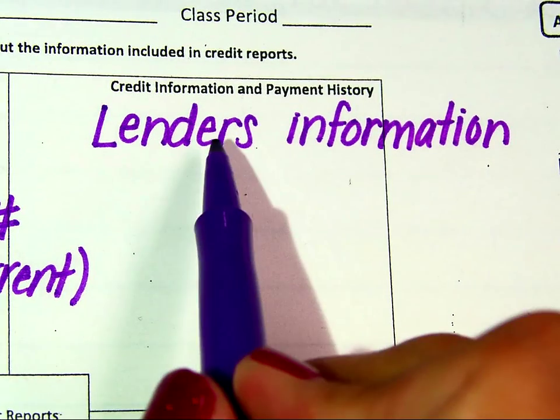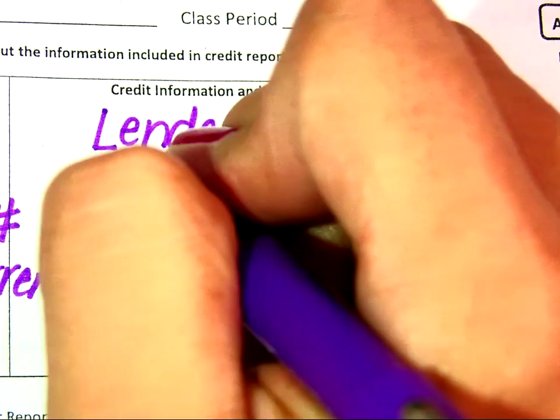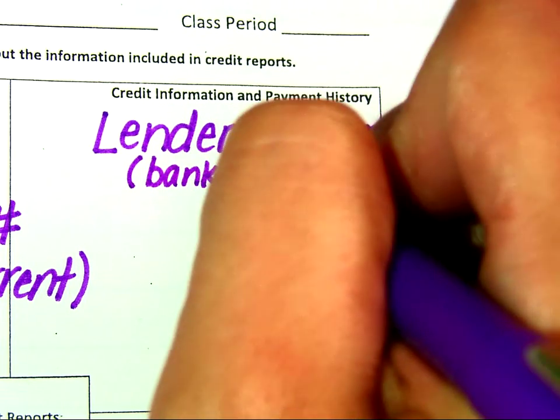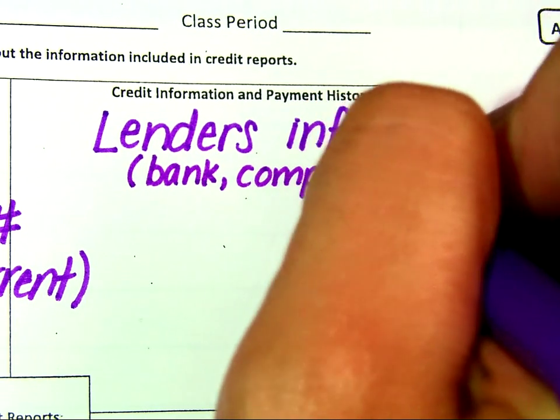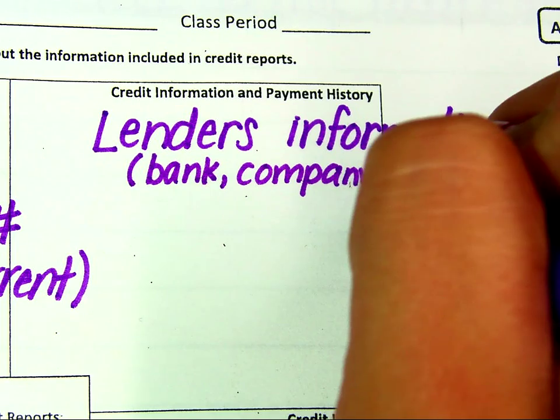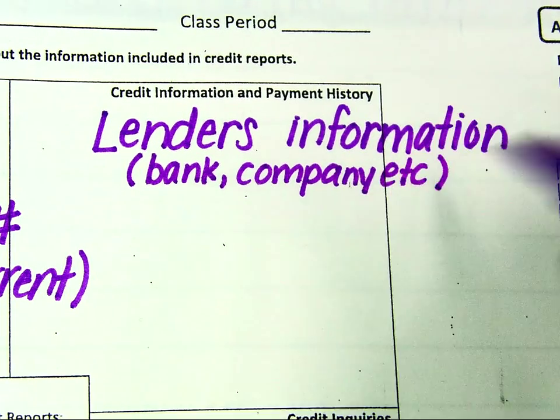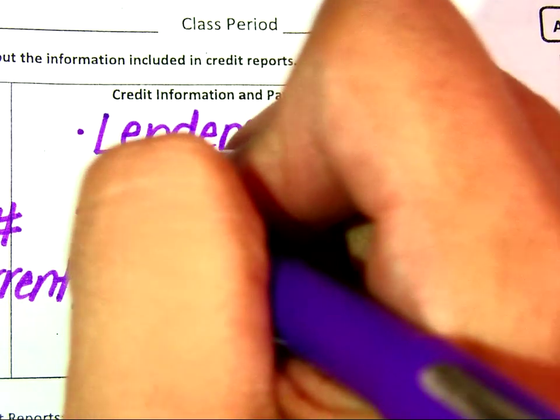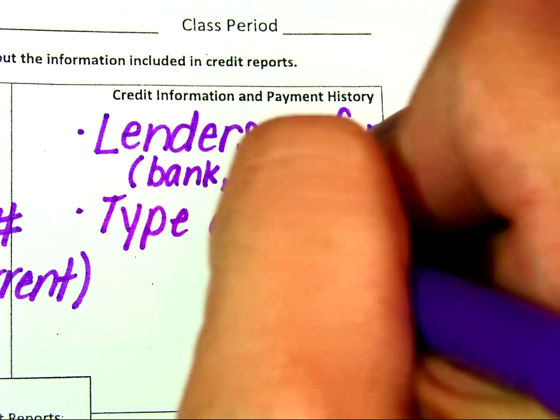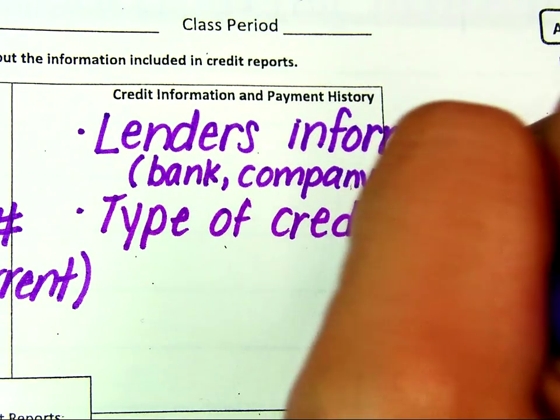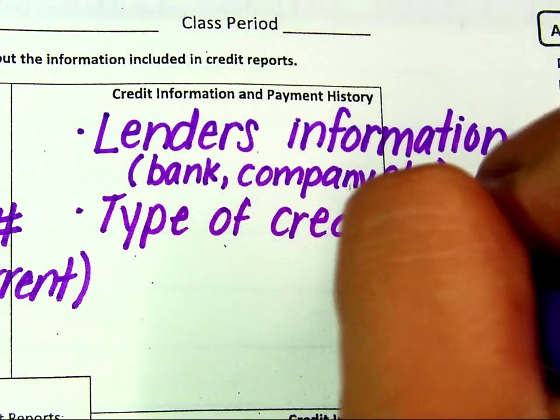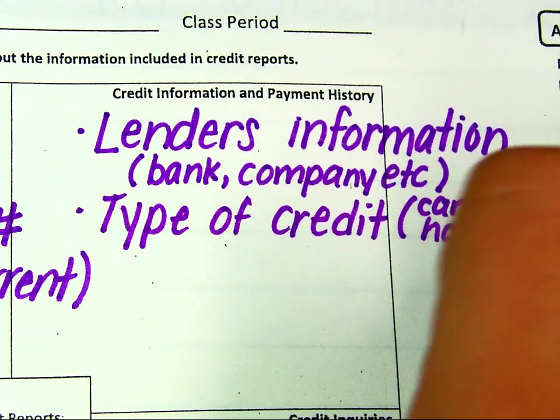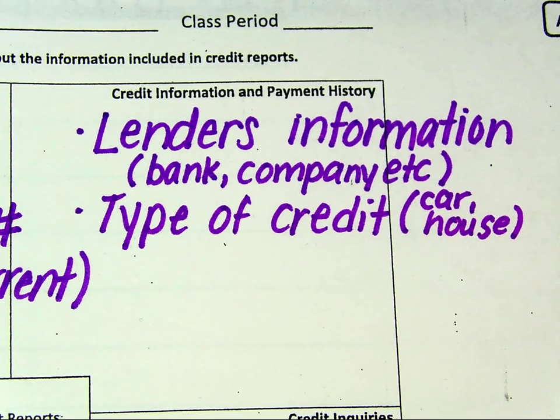So the lender is who's lending you the money. Is it a bank, a company, or something like that? Okay. It will also include the type of credit that you're getting. And what that means is, is this for a car or a house or something else?